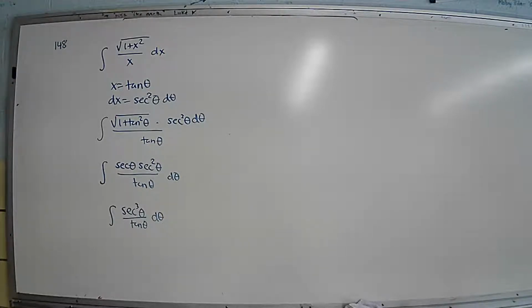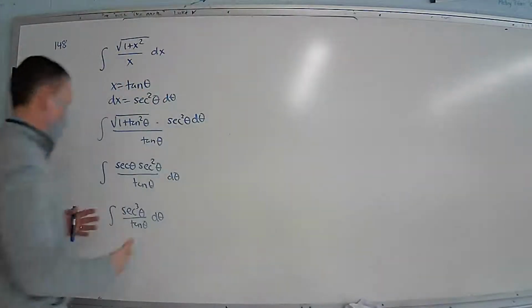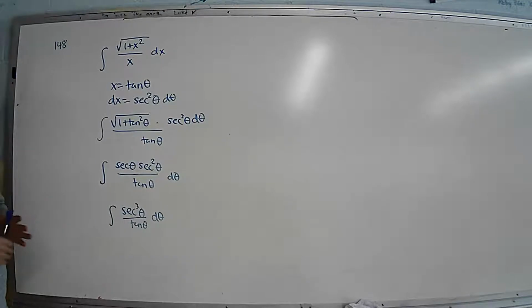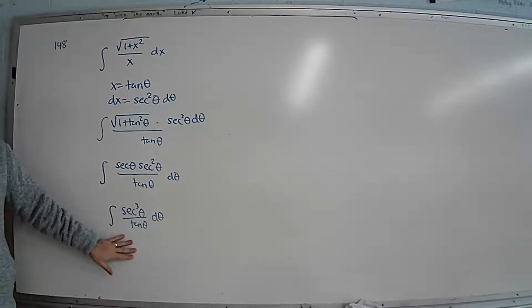Okay, so when I got to this spot in this problem, I wasn't sure what to do next. I had to go through some thinking. It just wasn't obvious to me right away. The first thing I did immediately was I tried to simplify this.